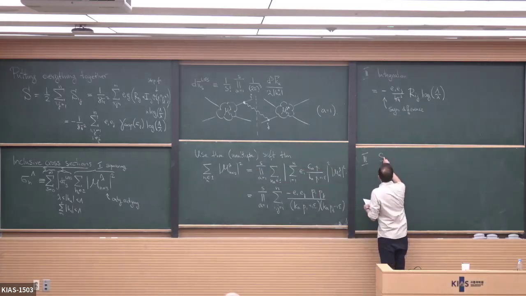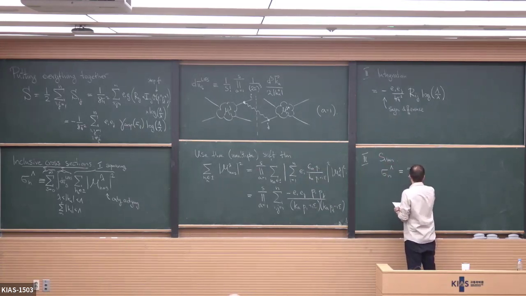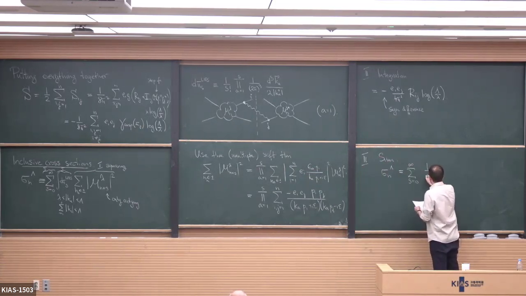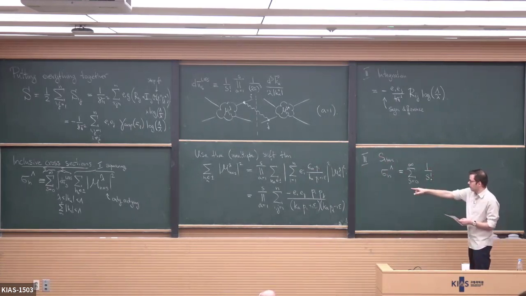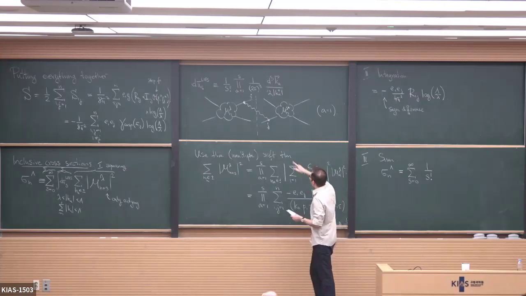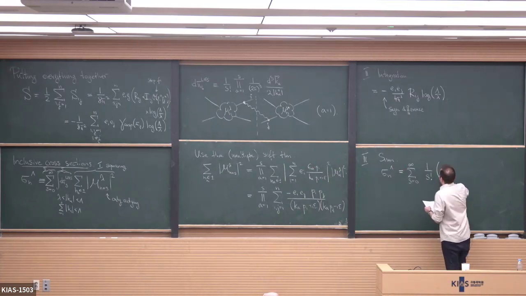Okay, so the sum is equal to the sum of the soft factors, 1 over s factorial, which comes from the ellipse over there, times this factor over there.